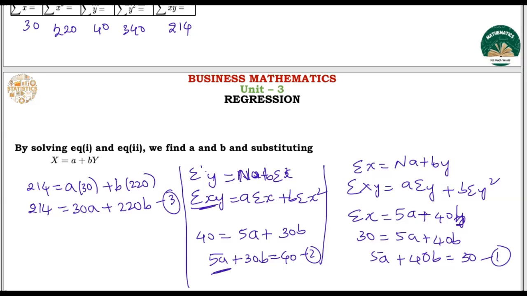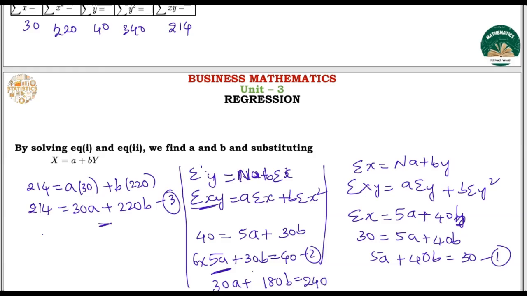Now solve equation 2 and equation 3. You have here 5a plus 30b, and here we have 30a, so we'll multiply equation 2 by 6. We'll get 30a plus 6 threes are 18, 180b equals 6 fours are 24, 240.